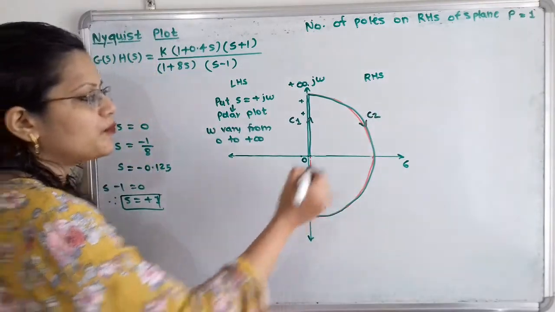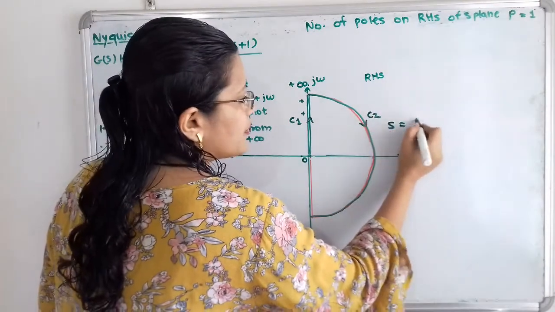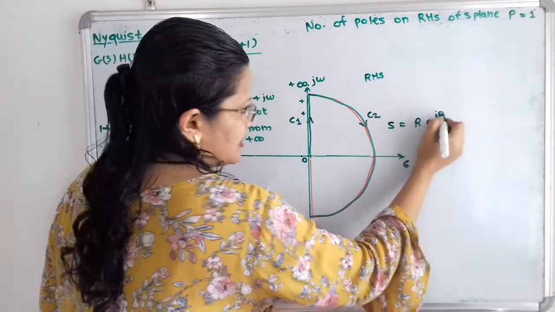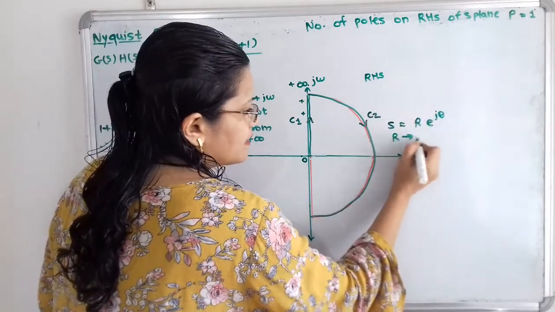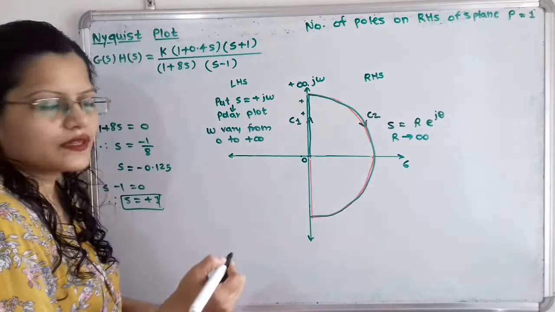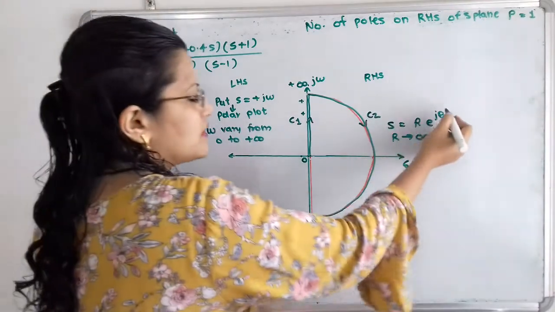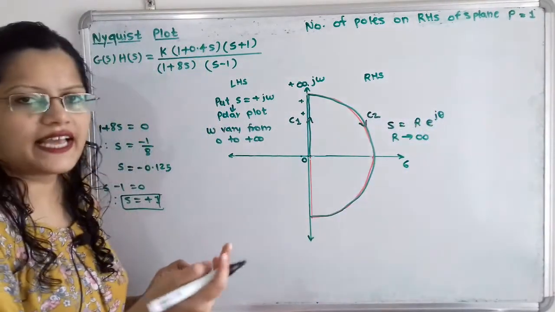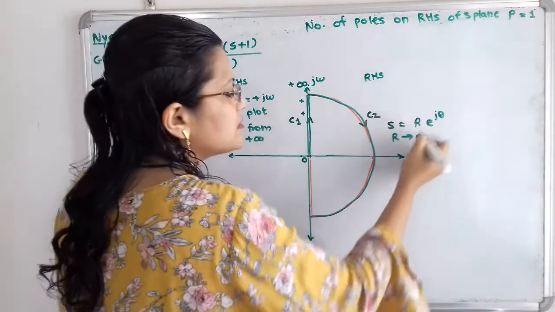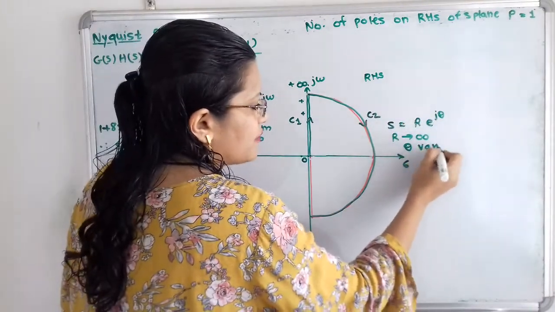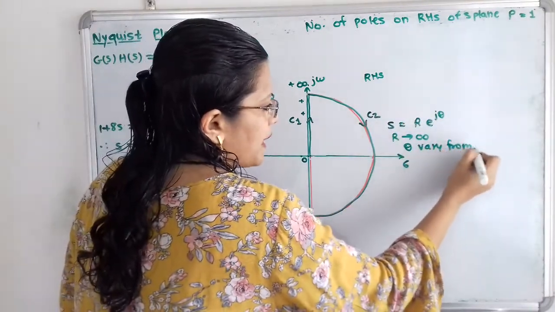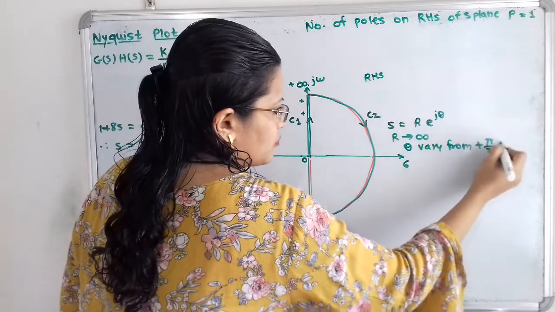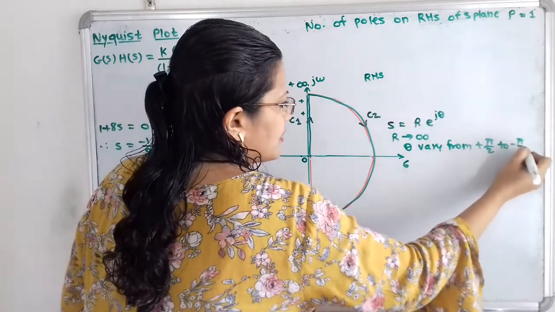Here we have to put s is equal to r e raised to j theta, where r tends to infinity. And e raised to j theta indicates the phase angle, where theta will vary from plus pi by 2 to minus pi by 2. How can we say that?